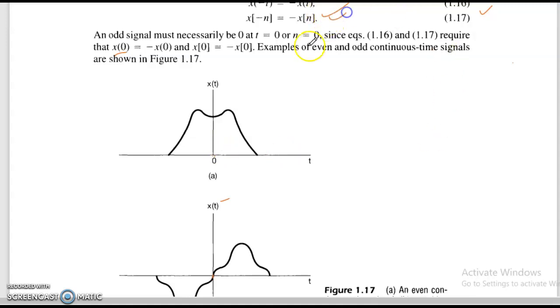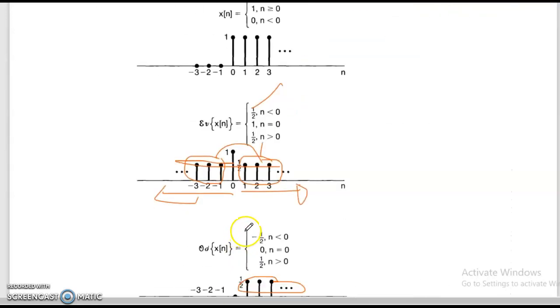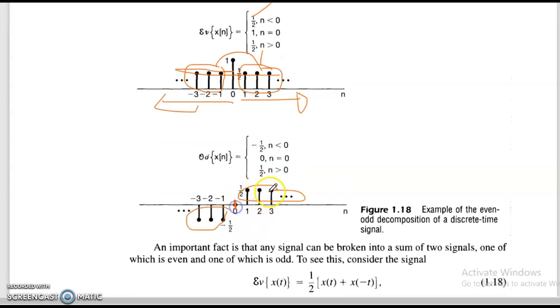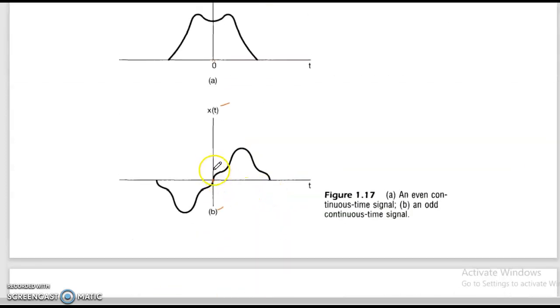For this equation it is also the same. x of 0 is 0 here also.